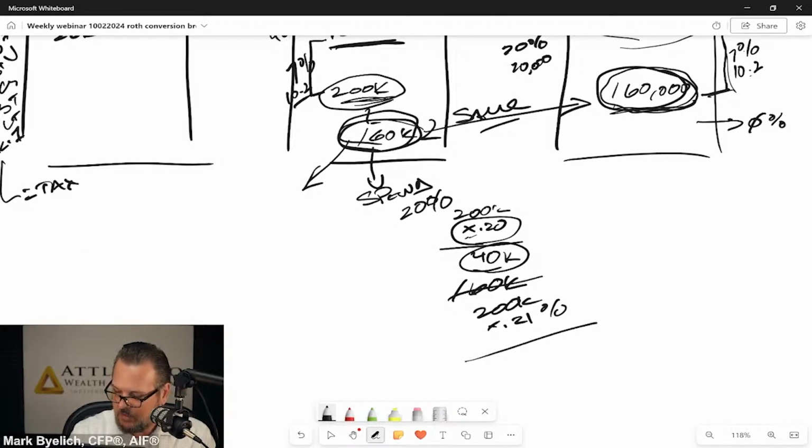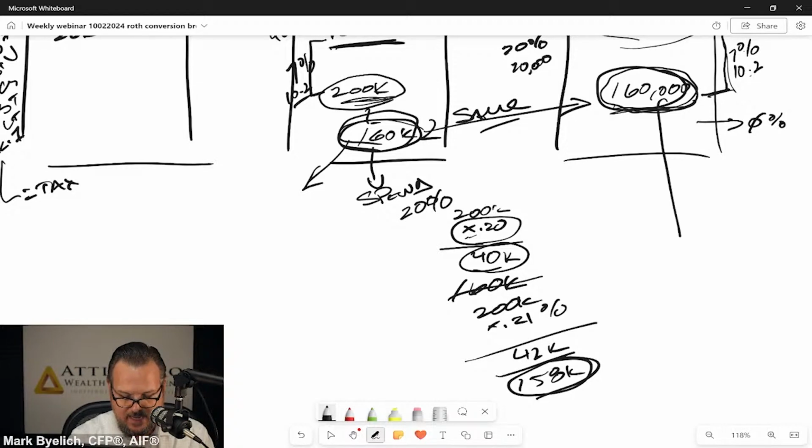So we end up with $42,000 in tax, and $158,000 of spendable money. So in this case, it's not the same. You have more spendable money in your Roth than you would in your traditional IRA. Therefore, there really is no break even.